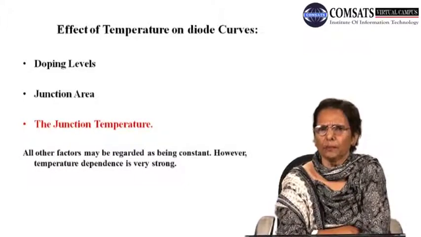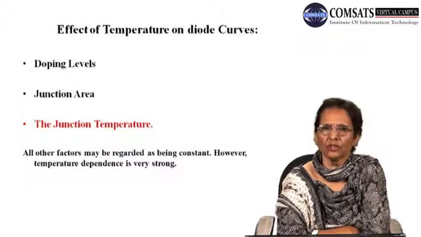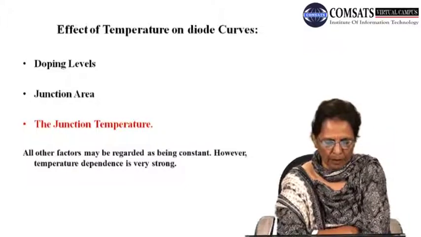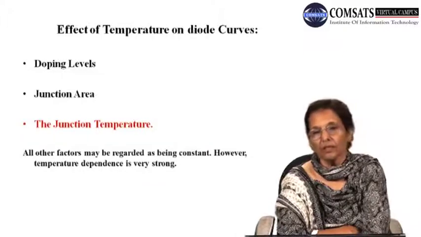Normally in a practical diode we choose small area junction diodes, and even in our idealized case we have chosen a small area junction diode. All other factors may be regarded as being constant.